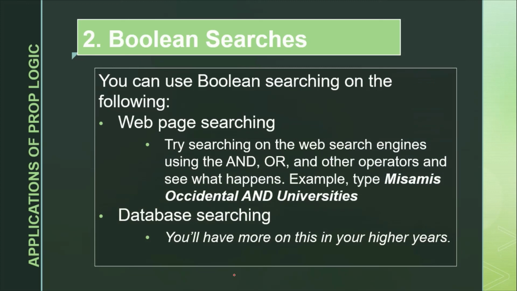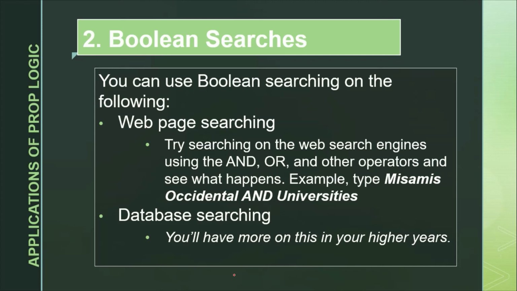Also Boolean searches. When you search Google and type words, Google is actually just using Boolean searches. For example, if you search Misamis Occidental Universities, the results show websites with Misamis, Occidental, or universities, because they are all treated as or.